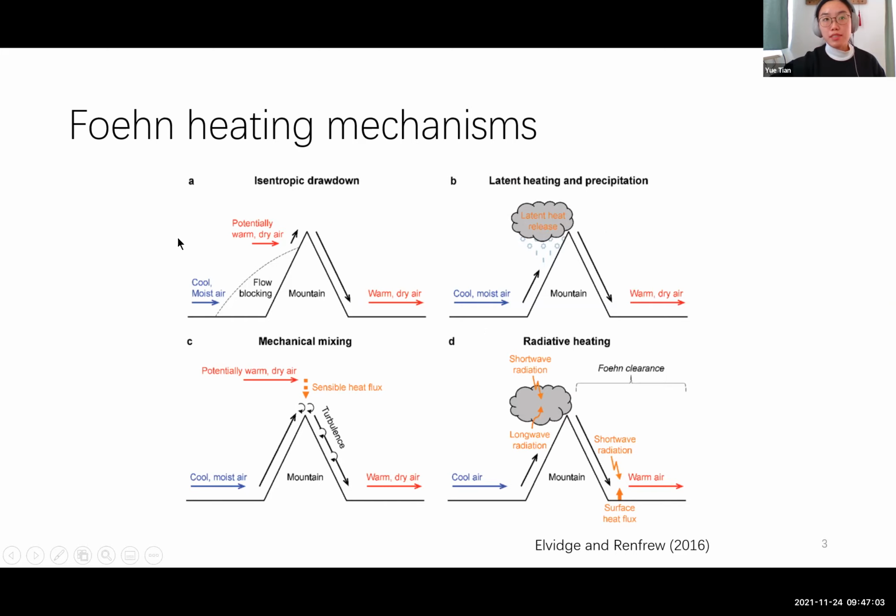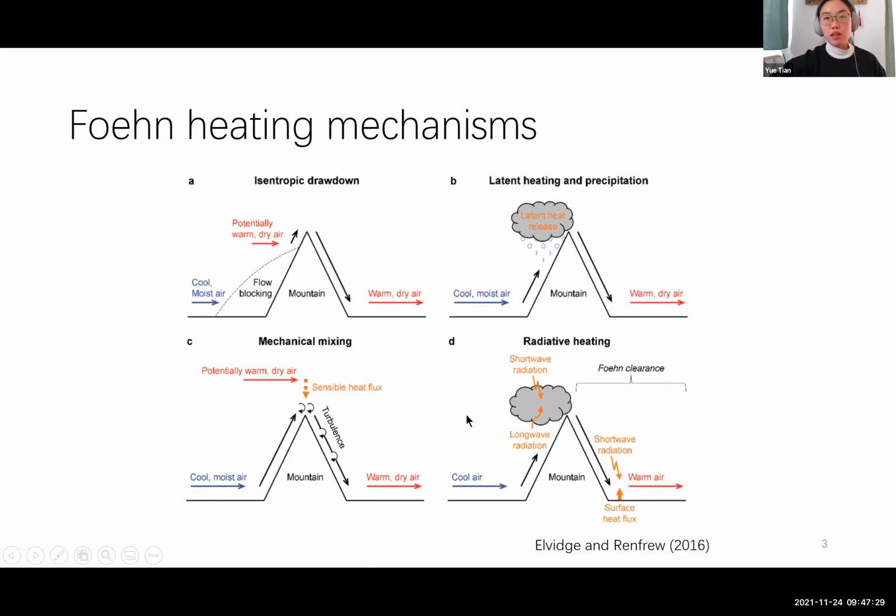When we have this type A, we have potentially warm, dry air on the top, and in the foehn valley, we have a cold pool. And in between these two layers, we have wind shear. It causes turbulence, and then it rolls this cold pool from top to down.